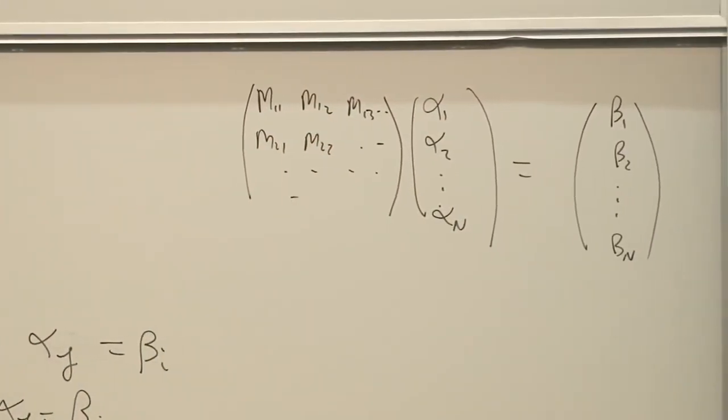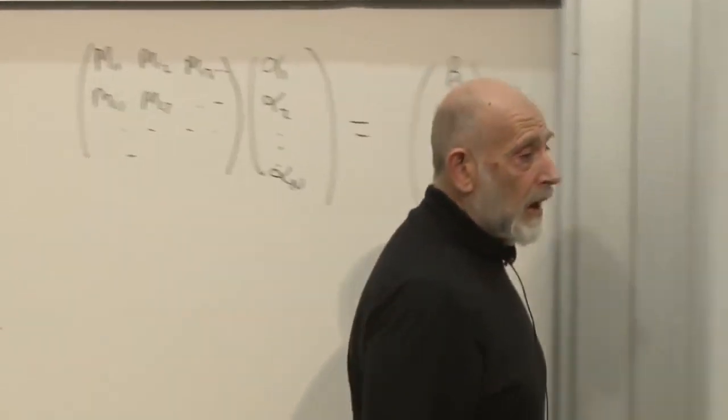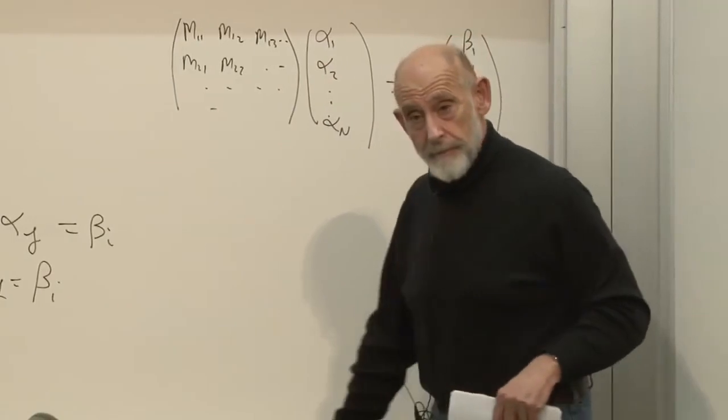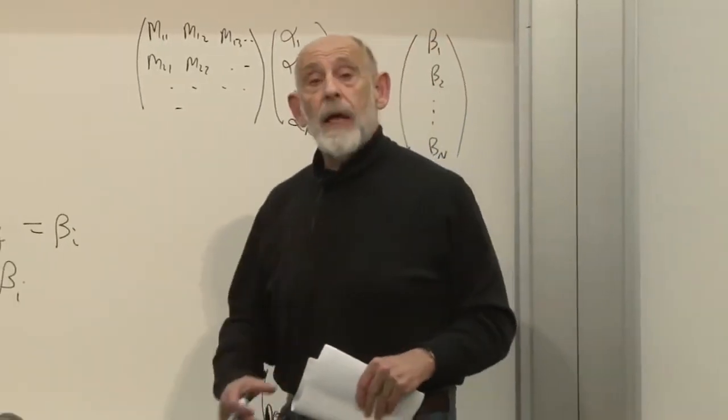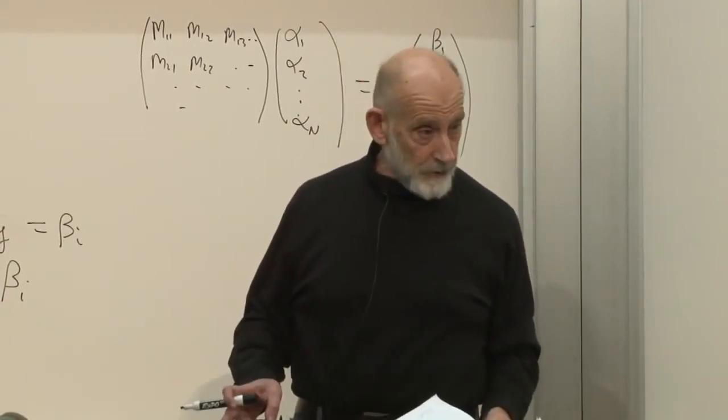All right, so now we have a third way to represent the action of a matrix on a vector. This is less abstract. It's concrete. If you know the matrix elements, you know exactly what to do with them. The only thing about it is it does depend on a particular choice of your basis vectors.